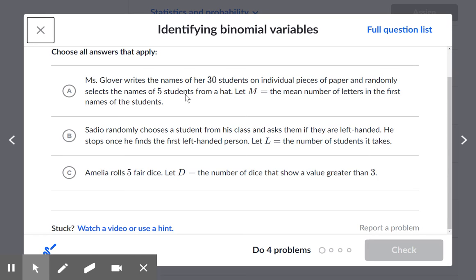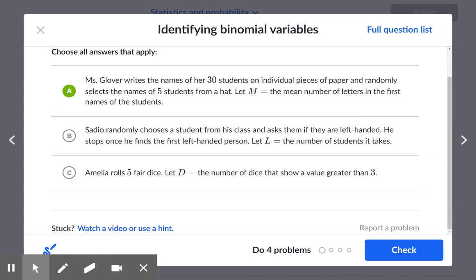But what is interesting is this: the probability of success changes every time you pick up a paper. For example, if you have a hat, a container, and you go in and pick up a paper, a piece of paper that says a student's name, then that name is already used, which means that there are only 29 names left.